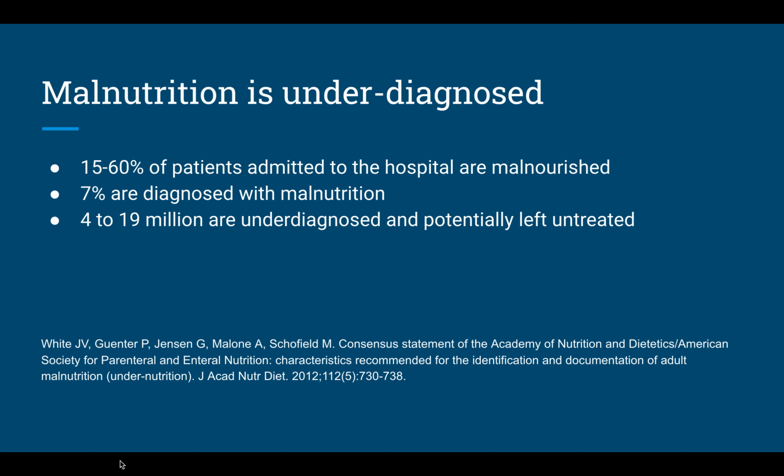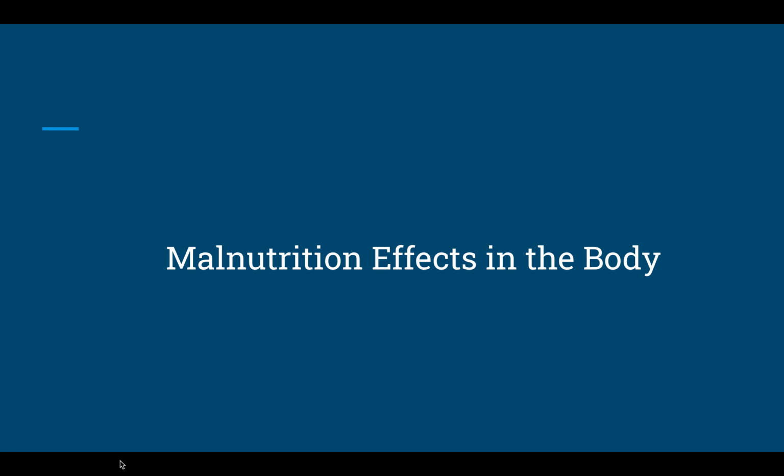So they were malnourished, but because physically they didn't look malnourished, we didn't properly assess them and just did not treat them because we didn't know that they were malnourished. And again, all hospitals that I'm aware of have implemented malnutrition diagnosis and treatment one way or another, but I think there's a lot more that we can do there.